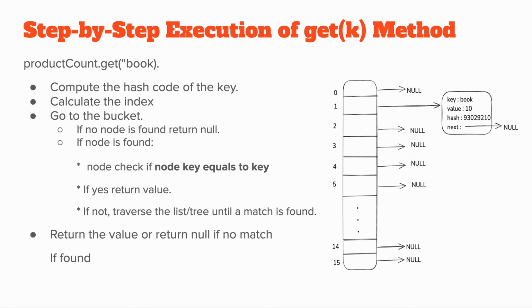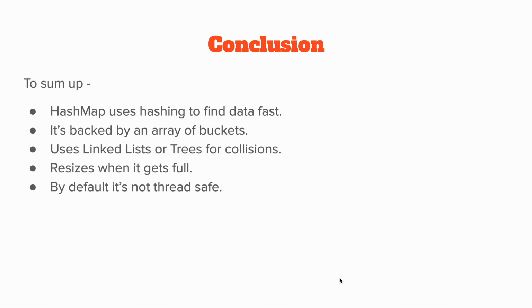I hope you got the idea of how this get method works, right? If you understood what happens in case of put, then get is very easy to visualize. So let's summarize what we have learned so far. HashMap uses hashing to find data fast, right? Using hashing, we compute the index and put the entry at that index.